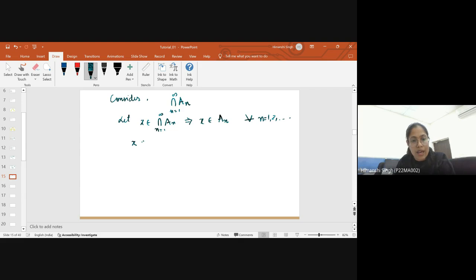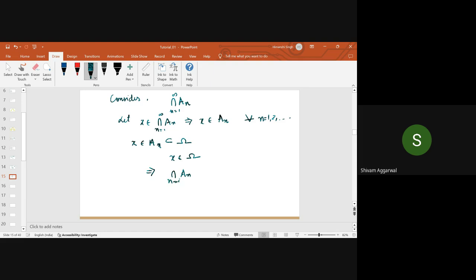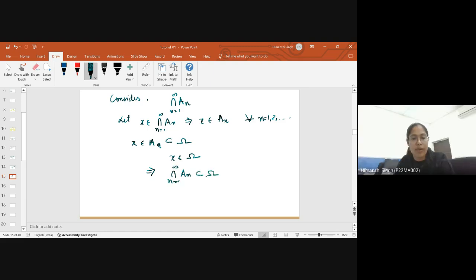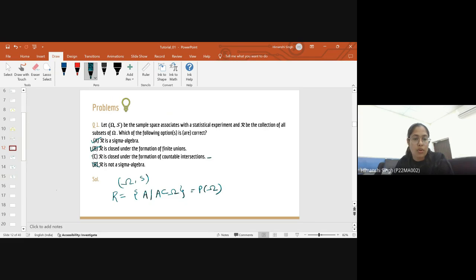Now again we have the same reasoning: An is a subset of omega and x belongs to omega. So this implies that the intersection over n from 1 to infinity is contained in omega, so this countable intersection is an element of R. So we have proved that it is closed under countable intersections. So option C is also correct. So these three are correct and the fourth one is incorrect.